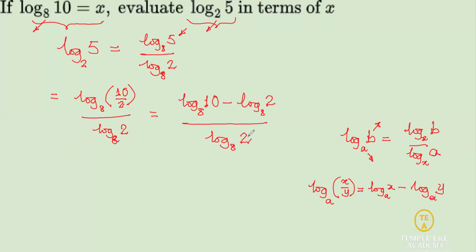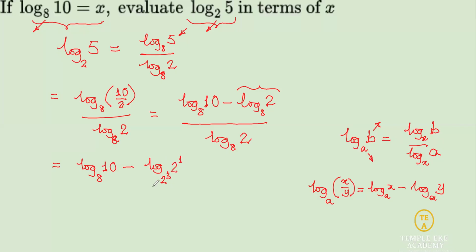And now look at this. This is a critical moment. We have to express the 8 in terms of 2. So we can have the continuation, and that will be logarithm to base 8 of 10. And that, of course, is the action area that will require us to apply a special law. So we have to write the 8 as 2 to the power 3. Yes, 2 multiplies itself 3 times to give 8. And this is 2 to the power 1.